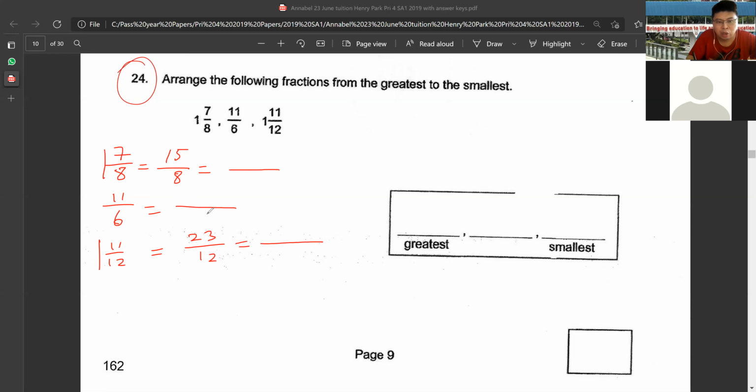What is the common denominator? 12? No, not 12. Because 8 times what give you 12?